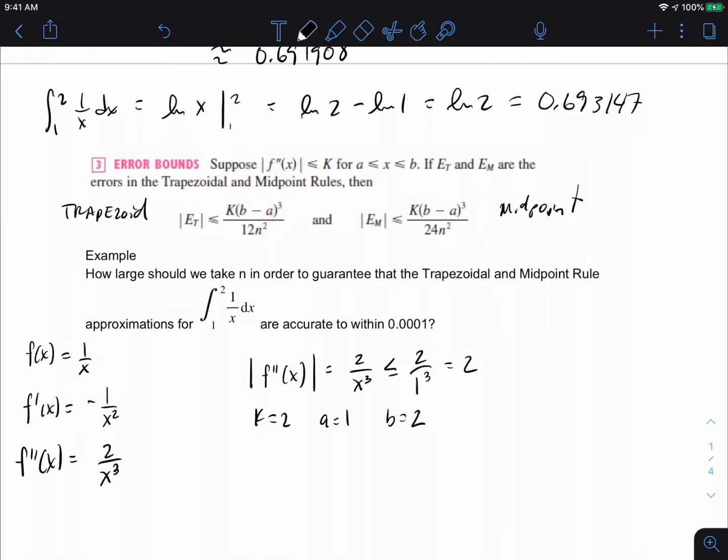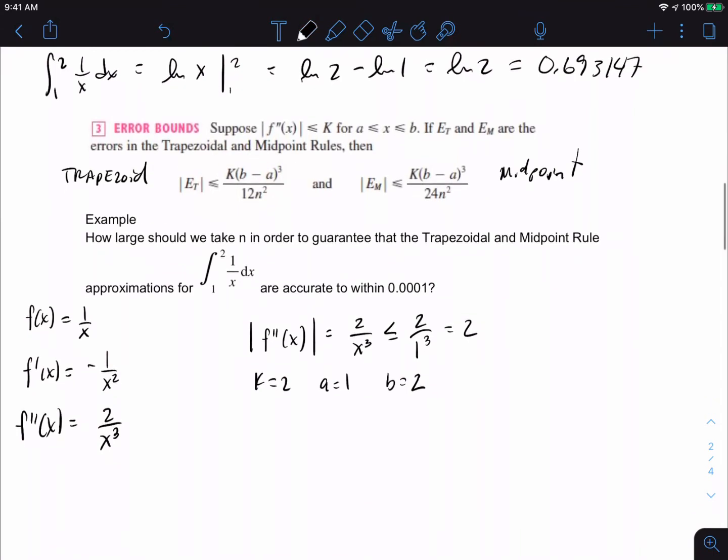Okay? And so I'm going to go (2 minus 1) cubed over 12n squared, but I want it to be less than that accuracy that I asked for.